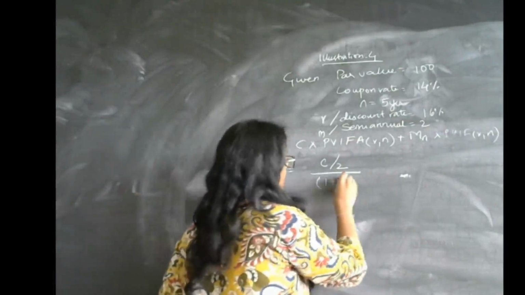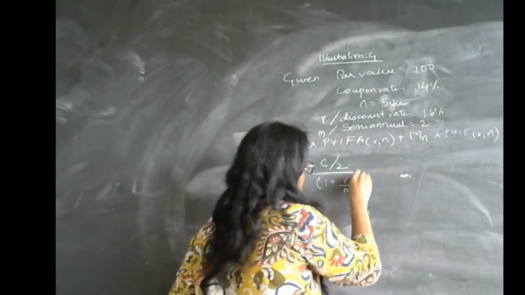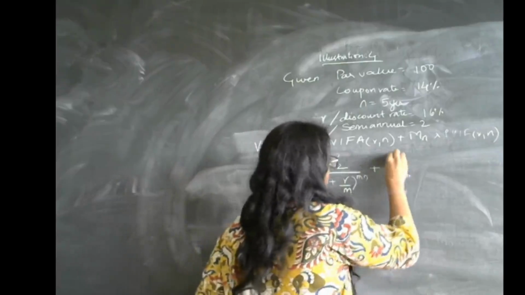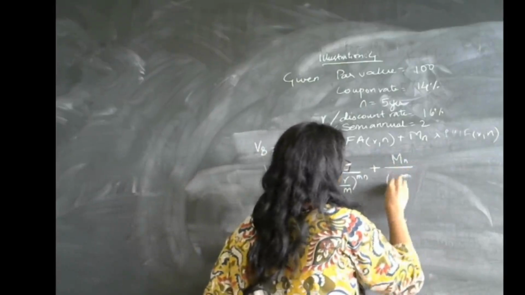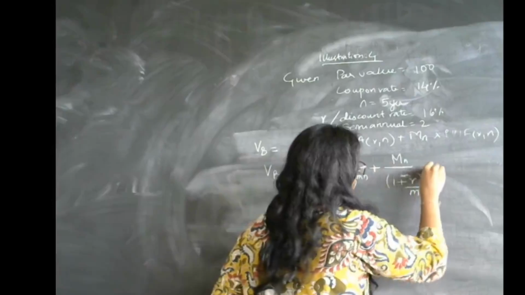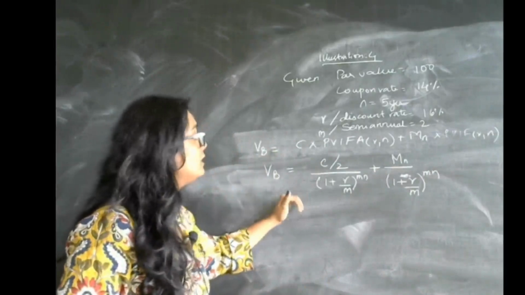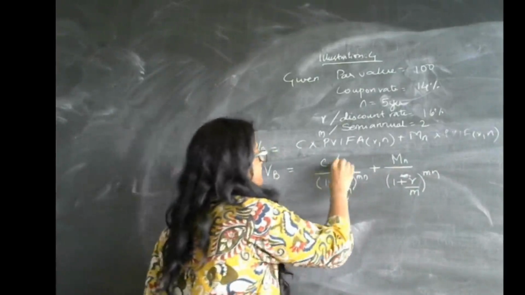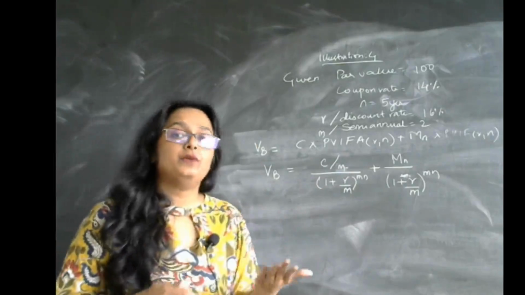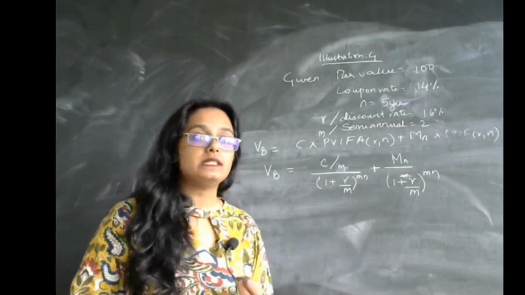1 plus R the whole divided by M raised to Mn, plus redemption value divided by 1 plus R divided by M the whole raised to Mn. Now this is going to be your formula if the problem is not annual.